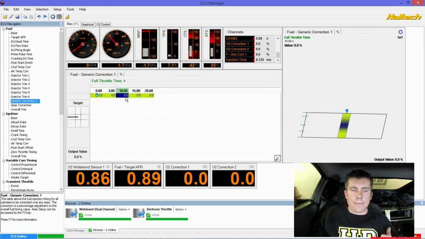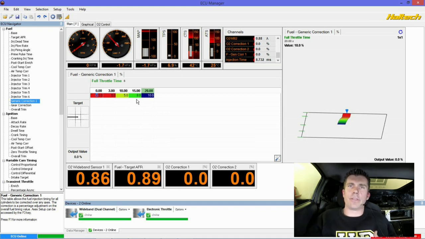So if we get to a situation where we're at wide open throttle for 10 seconds or more, we could do exactly what we did before and add 5 or maybe 8 or maybe 10% additional fuel, and that's going to be perfect for those situations where the car's being thrashed really hard on the autobahn or on the racetrack, or wherever it is that we can't control those conditions when we're on the dyno.